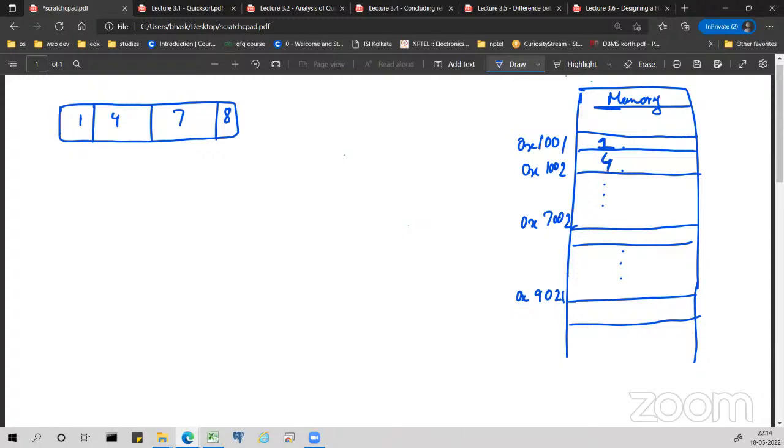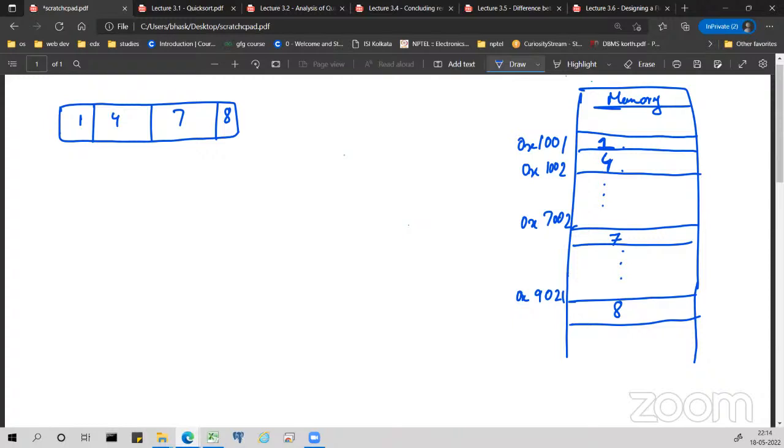But if it takes 2 bytes of data, then 1 would be stored in both 1001 and 1002, because each address corresponds to a single byte of data. But don't go into so much complexity. Just understand 1 is stored at 0x1001, 4 is stored at 0x1002, and let's say 7 is stored over here and 8 is stored over here, right?